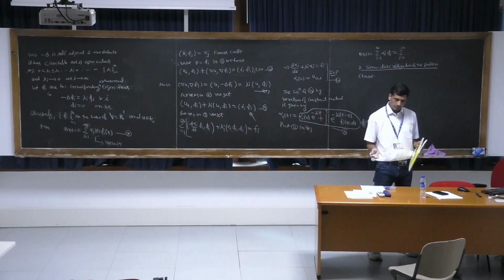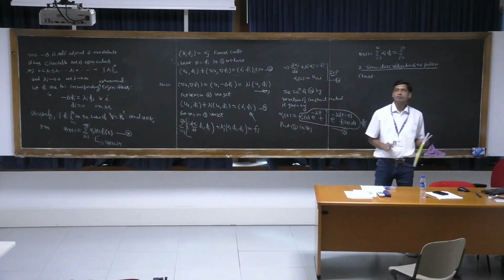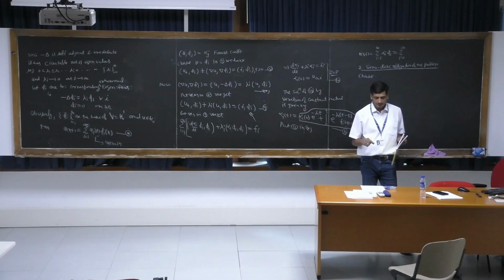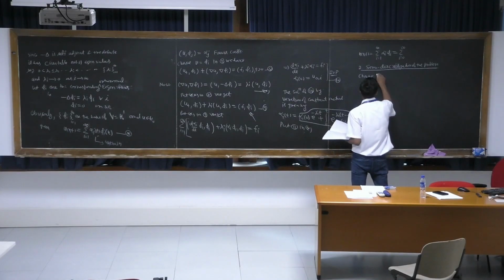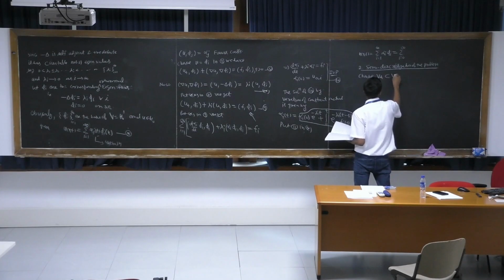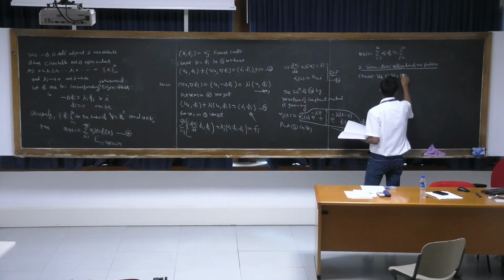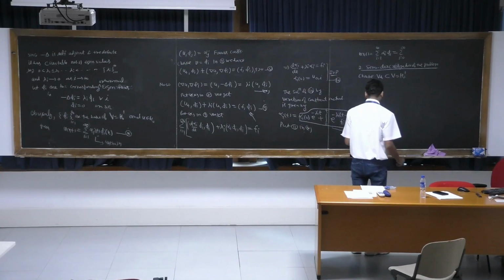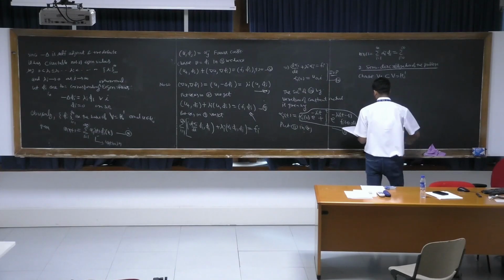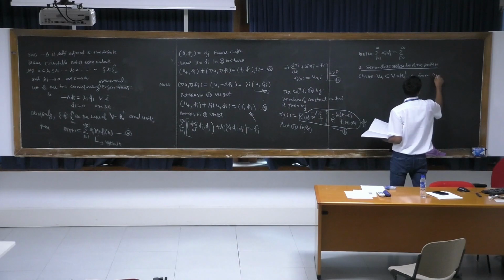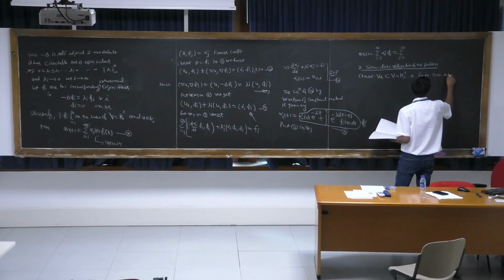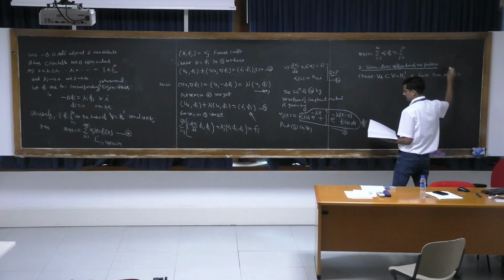We have to take our problem to a finite dimensional space. So choose V_h, a subset of H0^1 of (0,1), a finite dimensional subspace.